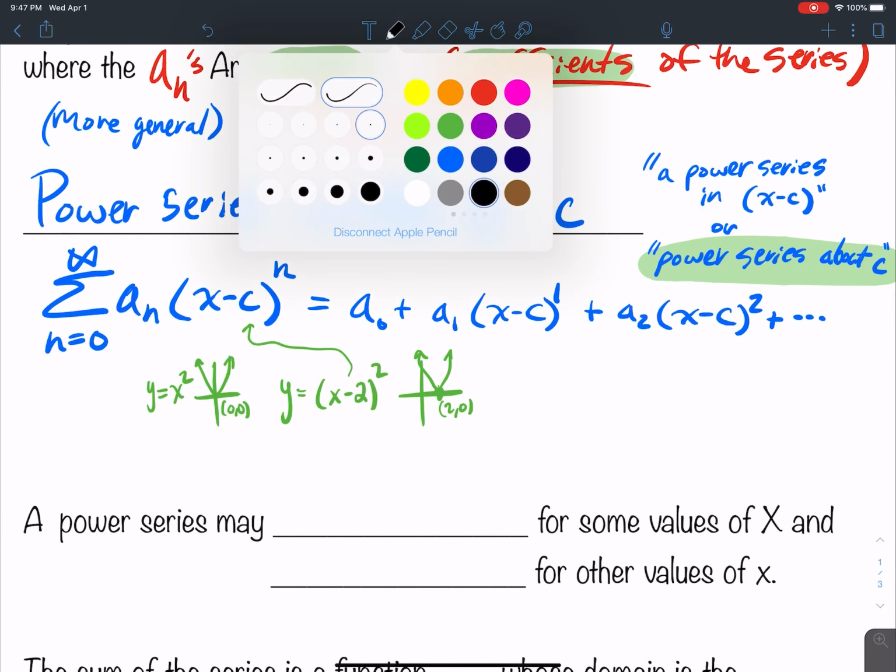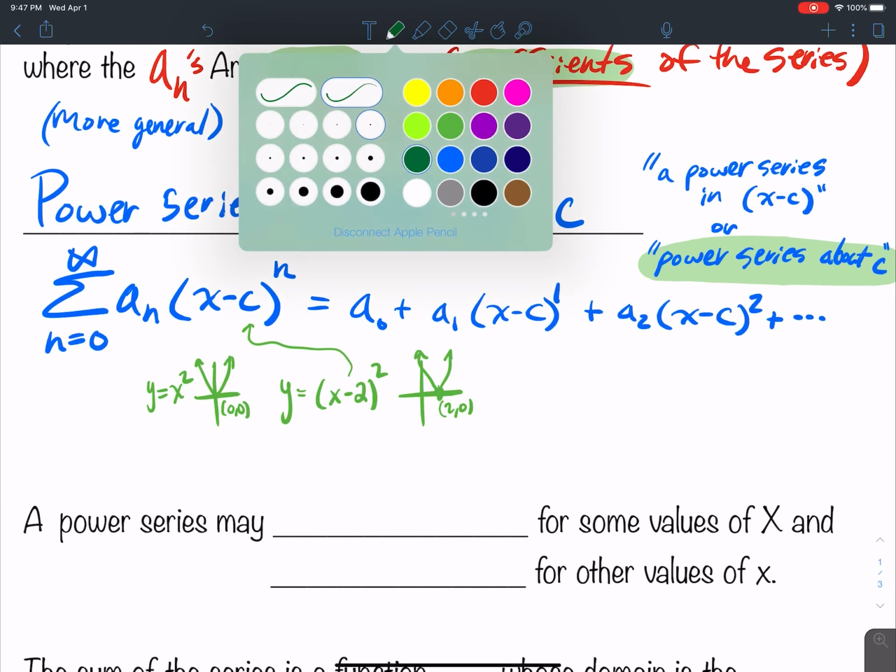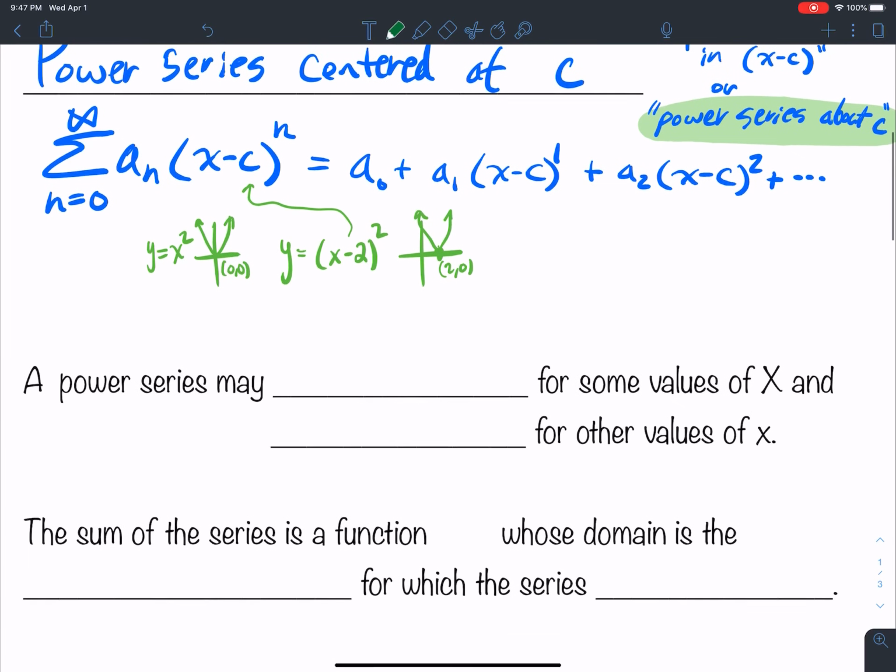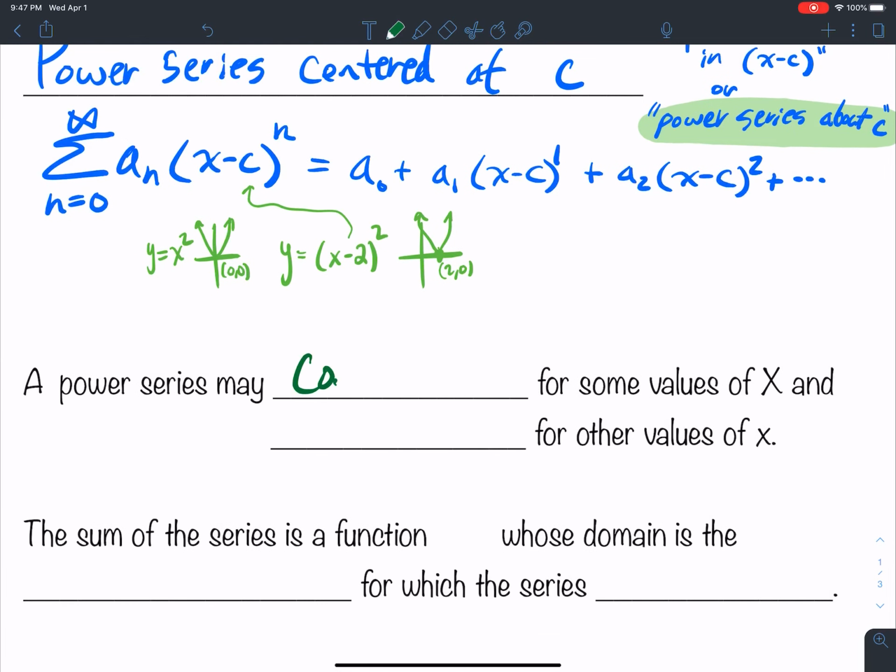All right. A power series may converge for some values of x and diverge for other values of x.